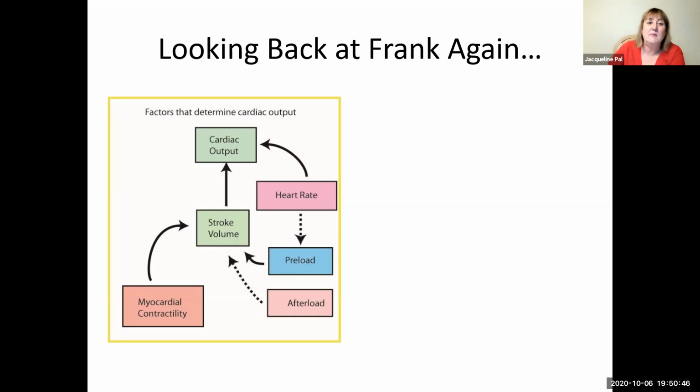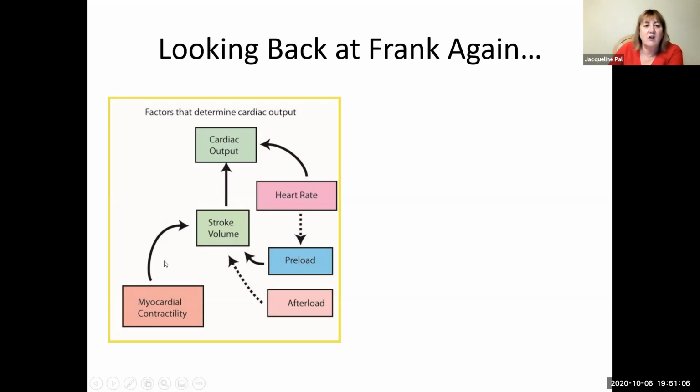So that would change the stroke volume in addition to the heart rate changing itself. Not only are you changing the number for the heart rate, if it goes up or down, you may also be changing the number for the preload and the stroke volume.